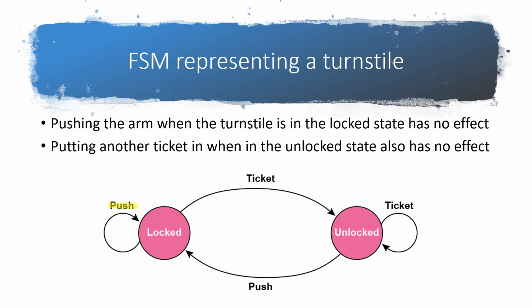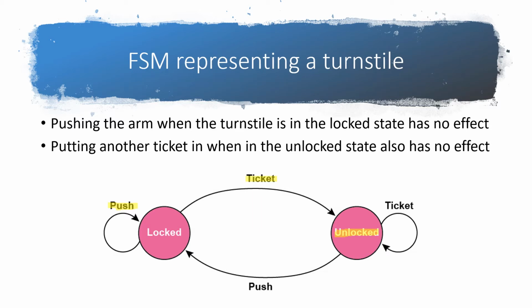If we push, all we do is retain the locked state. But if we put a ticket in during the locked state, it will cause a transition into our new state. It will become unlocked, right? So if we put a ticket in, it will become unlocked.